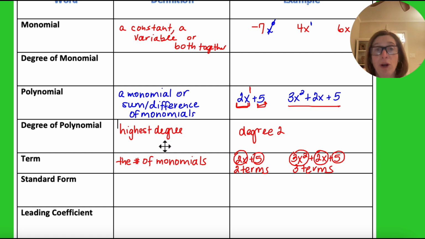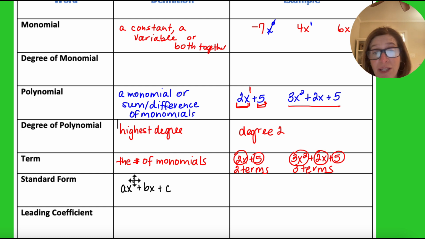All right, if we're going to look at standard form of a polynomial, it means that we have to go in descending order by exponent. So standard form is something where you go in descending order by exponent. So you can see here I've got ax squared plus bx plus c. So c is the constant, b is a constant and a is a constant.